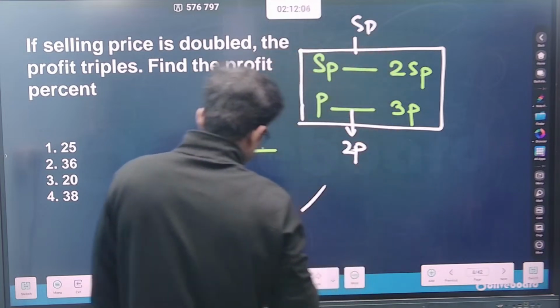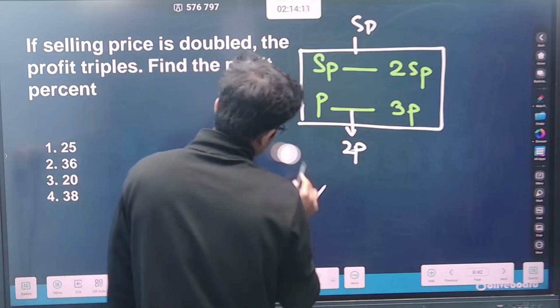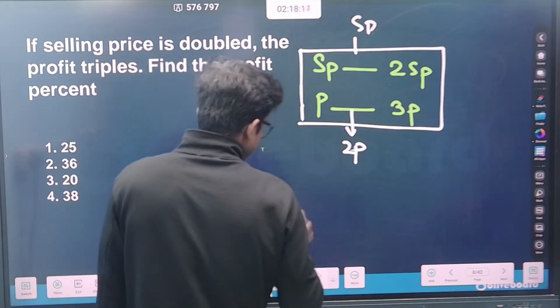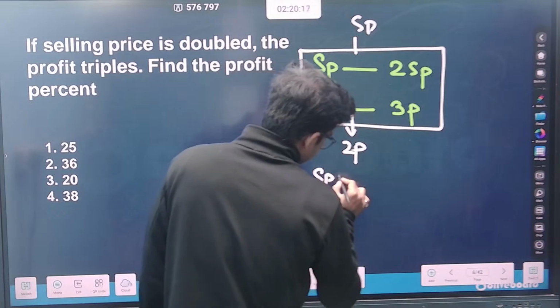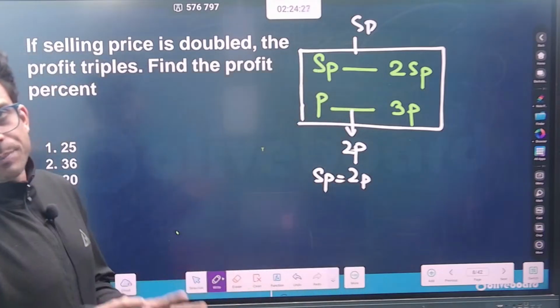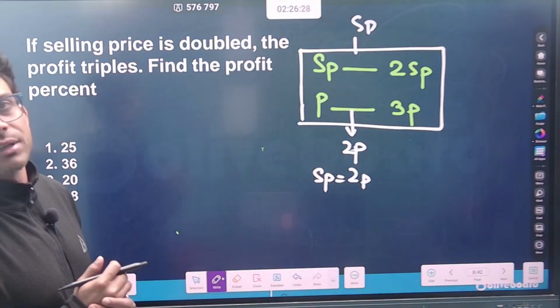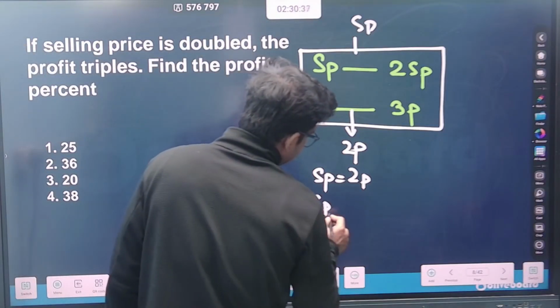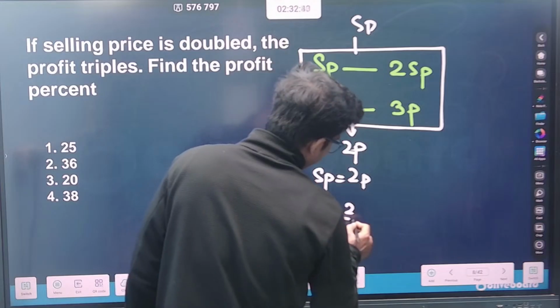So I can say that SP is equal to 2P. Is it clear? So SP by P is equal to 2 by 1.